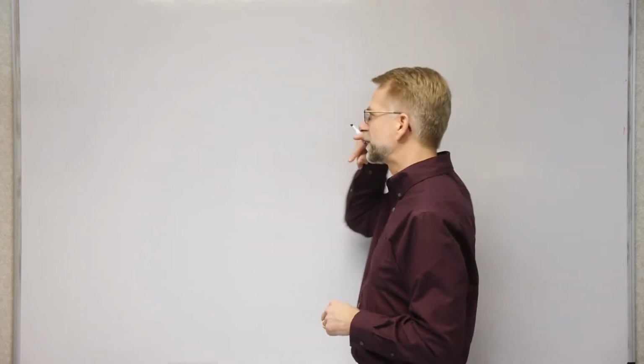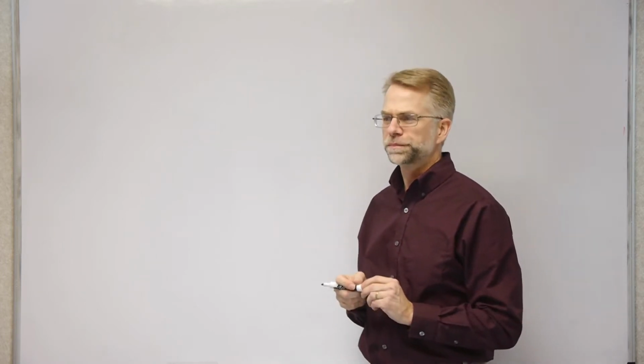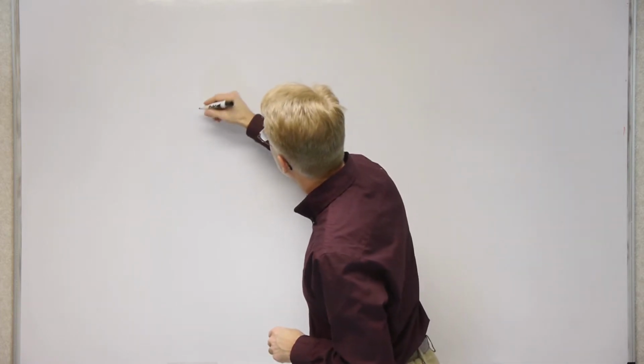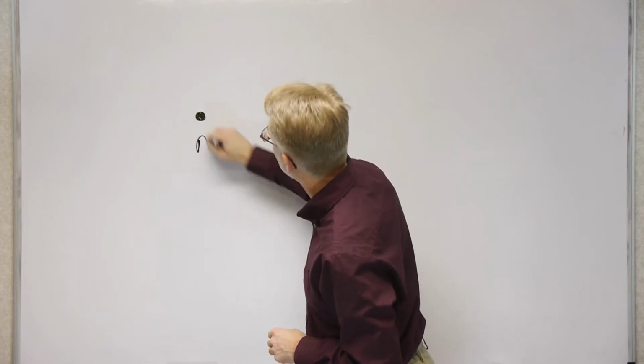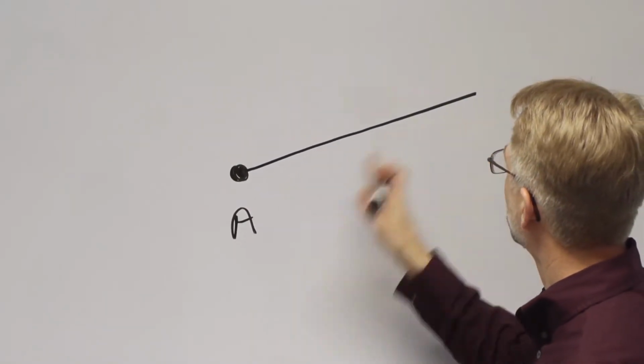So let's look at this with an example here and illustrate it with a lever. I'm just going to make a lever here, and here's the axis for my lever, all right? And then here's just the lever itself.